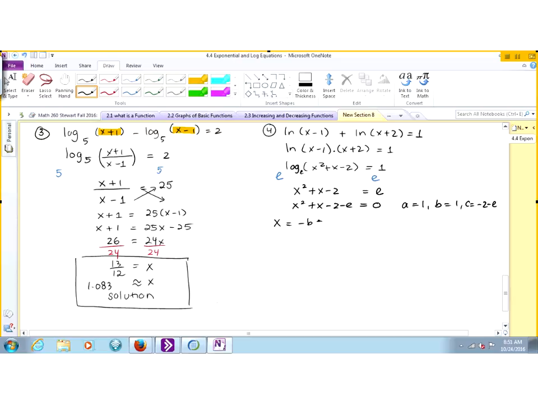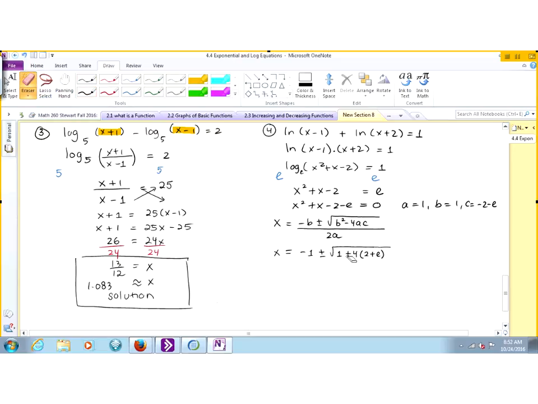This is my quadratic formula, right? X is negative B plus or minus square root of B squared minus 4AC all over 2A. Do you remember the quadratic formula? Yeah, okay. Negative B, what is negative B? Negative 1 plus or minus square root of B squared is 1 minus 4 times, oh, but this is a negative number, so it's plus 4 times 2 plus e, isn't it?